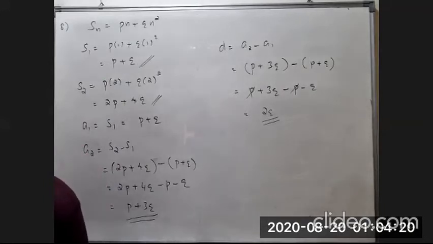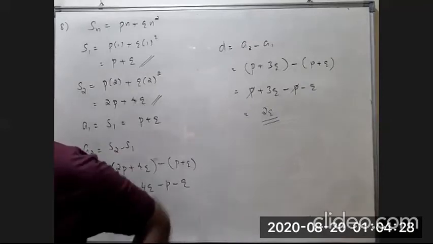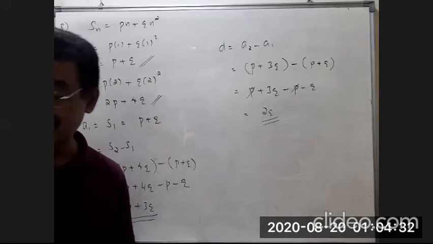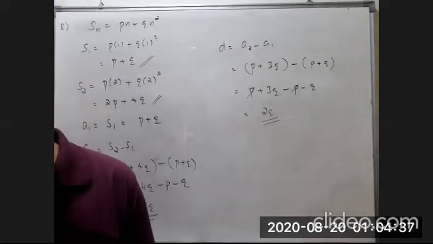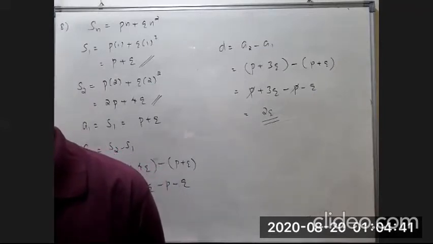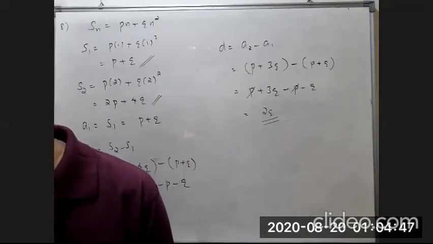Question number 9 is a good question, but it takes more than 5 minutes, and we have only 5 minutes left. So questions 9, 10, 11 are all lengthy questions. Even 12 is also lengthy. We will do those later on.